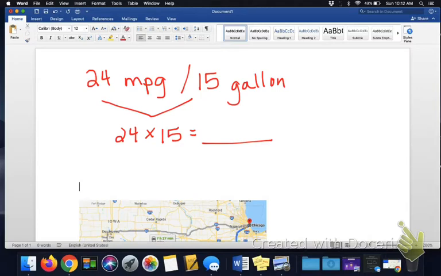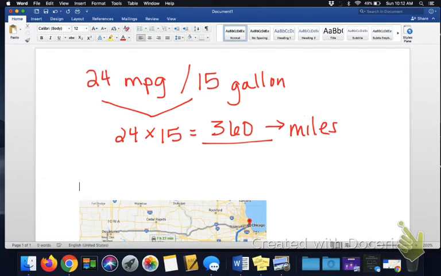Okay, hopefully when you got that answer, you got 360. That means that if your tank of gas is completely full until it's completely empty, you can drive 360 miles total. Okay? Now you guys are going to be driving from Liberty, Missouri to wherever your park's destination is.